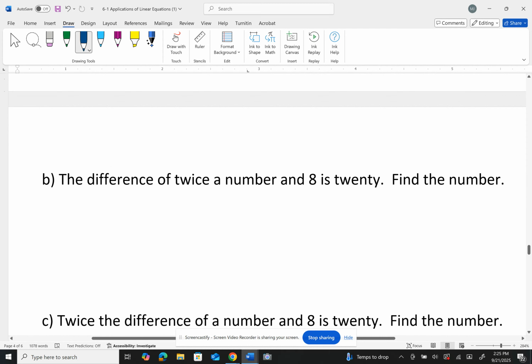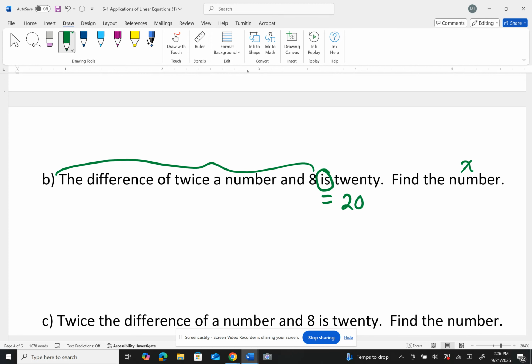Okay. Now, sometimes things like this come from something being in context, and those I like a little bit better because it gives you a point for why you might want to do this. All right, so we're going to let the number be x. Here's the word is. This one also just has a number on one side, so I can say equals 20. Okay, but then when I go to translate this phrase over here, I look for where it refers to a number.